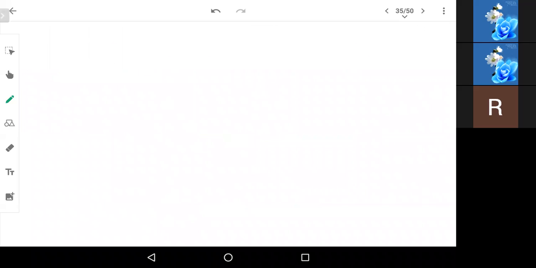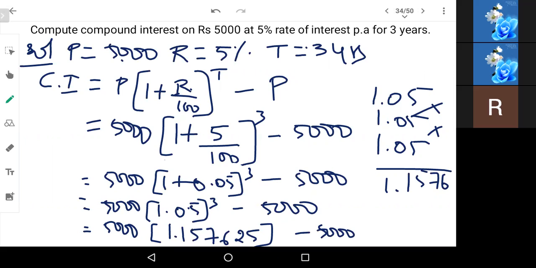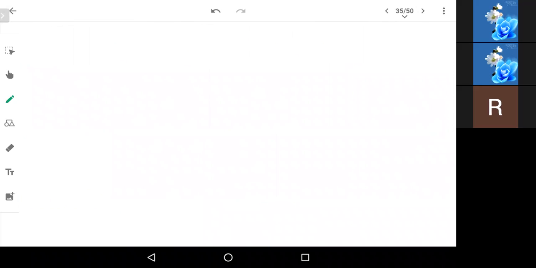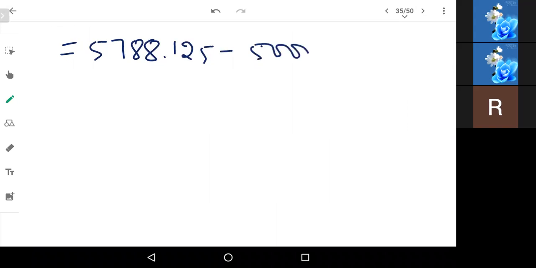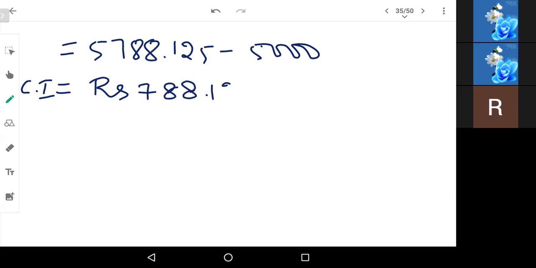Now in the next step, multiply this by 5,000. So you will get 5,788.125 minus 5,000, which is equal to your compound interest, which will be 788.125. So this is the answer for compound interest.